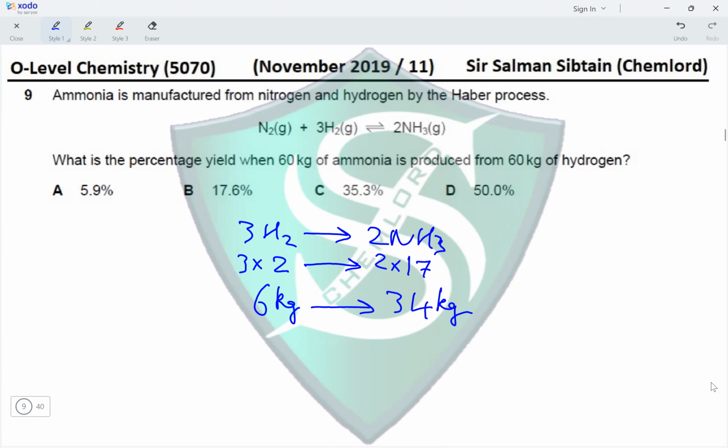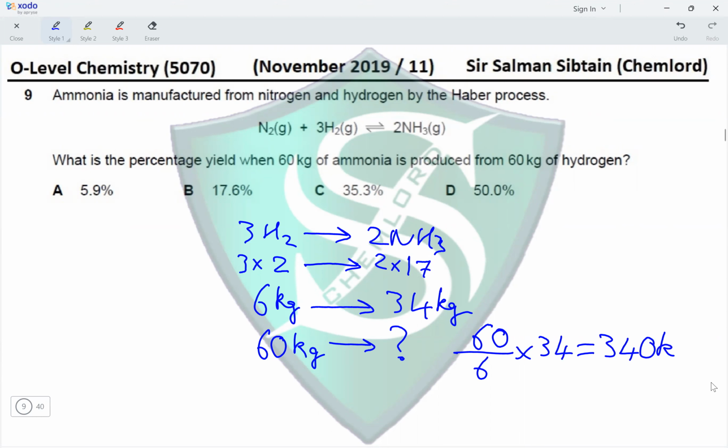And the question says we have 60 kg of hydrogen. So how much ammonia would be produced? So this would give us 60 divided by 6 multiplied by 34, giving us a value of 340 kg being produced. However, in the question it says that 60 kg of ammonia is produced.